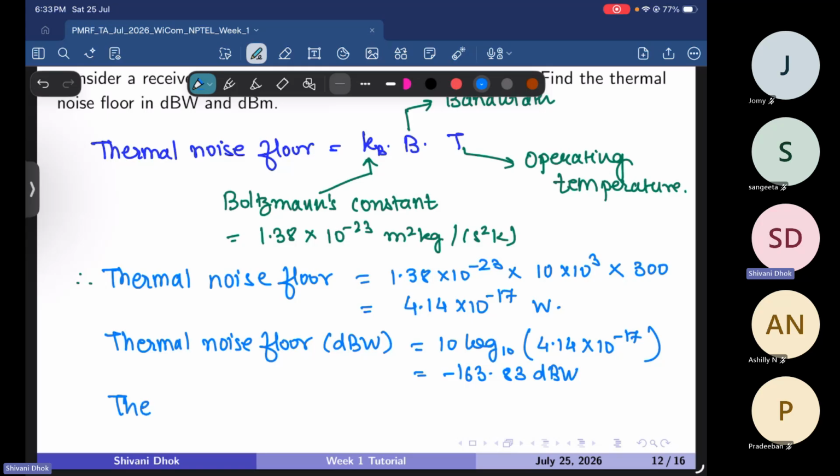And thermal noise floor in dBm turns out to be the dBW value plus 30, so this is nothing but minus 133.83 dBm.